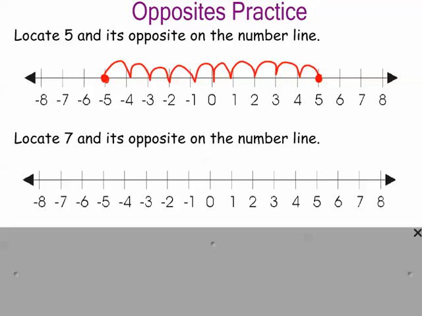All right, so again, on your next one, I want you to plot 7 and its opposite on your number line. So hopefully you did 7 and its opposite. Okay? All right, so that's looking at it on a number line.